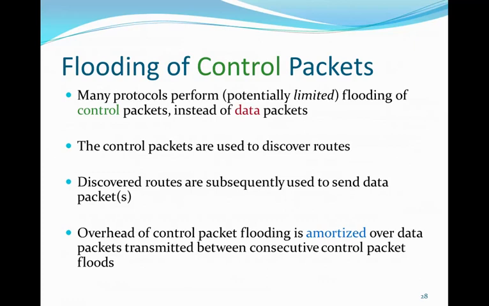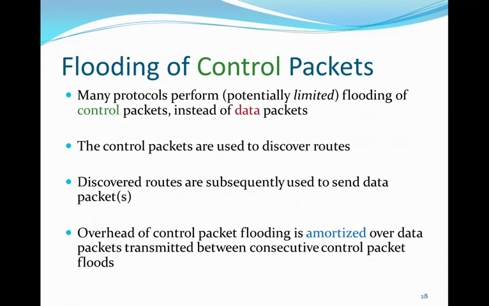You are not sharing everything, only the control information. The control packets are used to discover the routes, and once the route is discovered, the data is delivered toward the destination node. So first routes are discovered, and these routes are subsequently used to send data packets to the destination node.